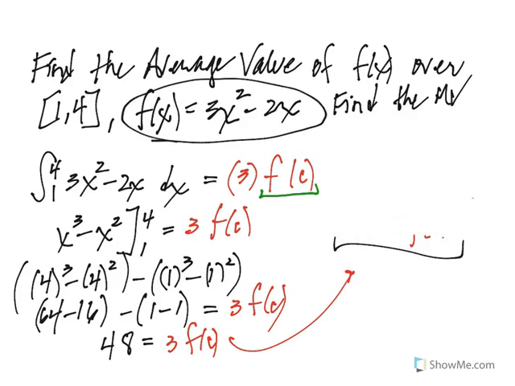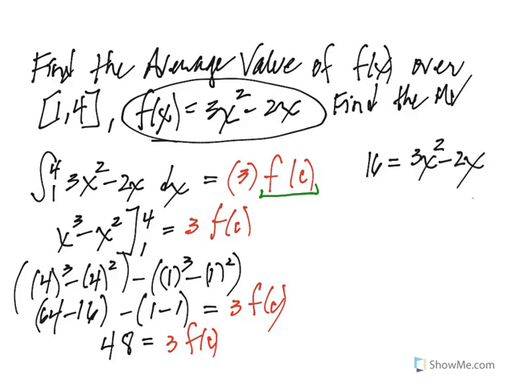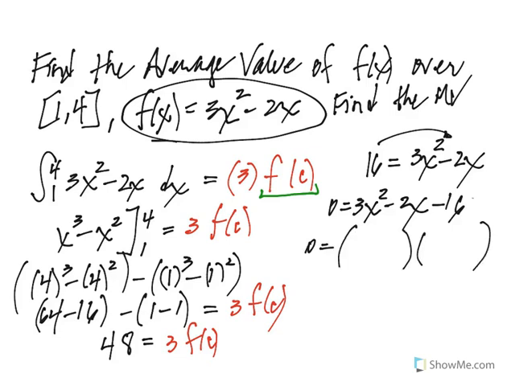So what I'm going to do is make a little room here, and I'm going to plug 16 in for my y value and set it equal to my original function. It's a quadratic, so I'm going to first take the 16 to the other side. This gives me 0 is equal to 3x squared minus 2x minus 16. Use the quadratic formula. I can factor. Let's go ahead and factor this.